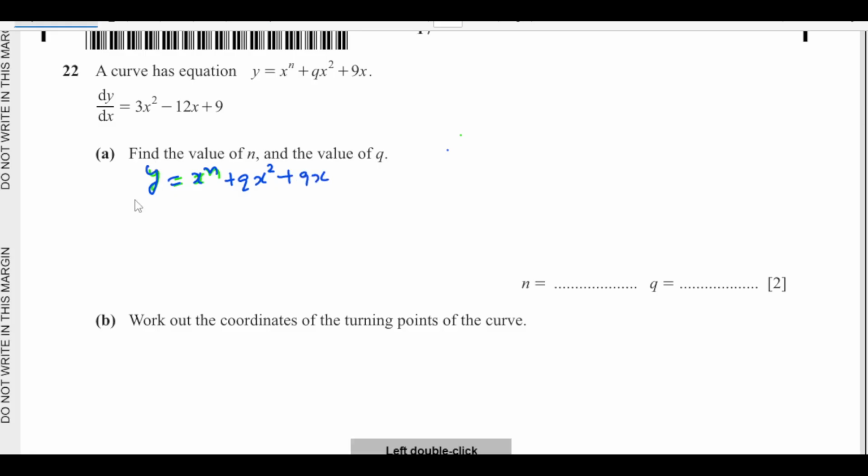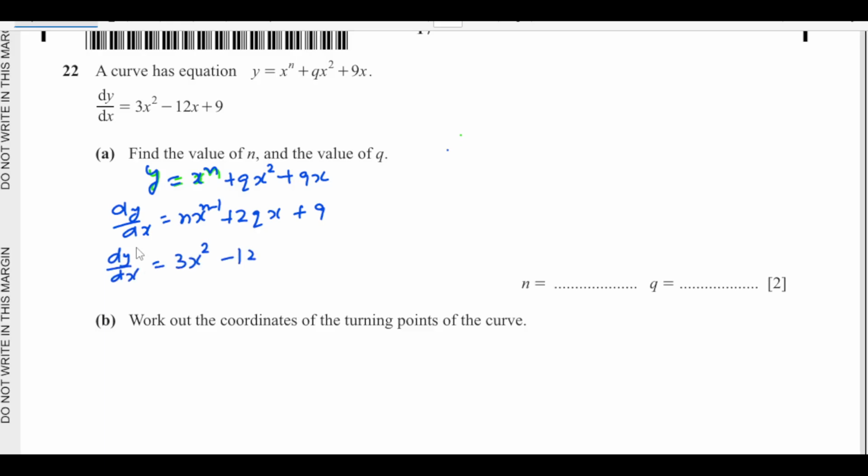So we will differentiate with respect to x. This is n x to the power n minus 1 plus 2qx plus 9, right? And we are also given that dy over dx is 3x squared minus 12x plus 9. So now we can compare the coefficients.